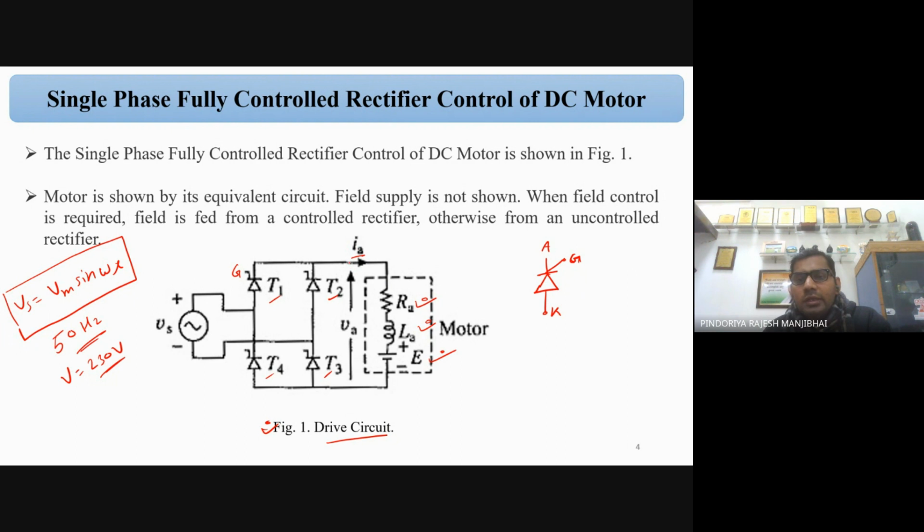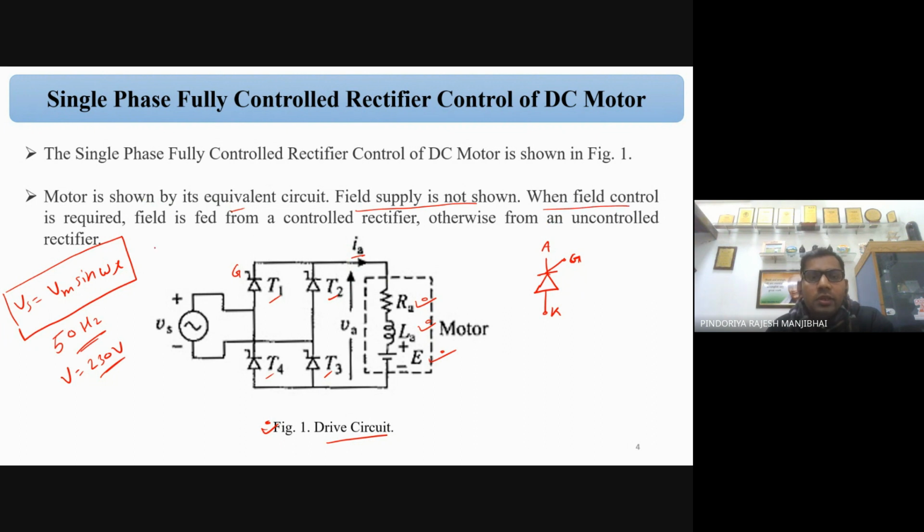So we have a simple circuit supplied by the fully controlled thyristor rectifier. The motor is shown by its equivalent circuit. The field supply is not shown; for simplicity we have not connected it.